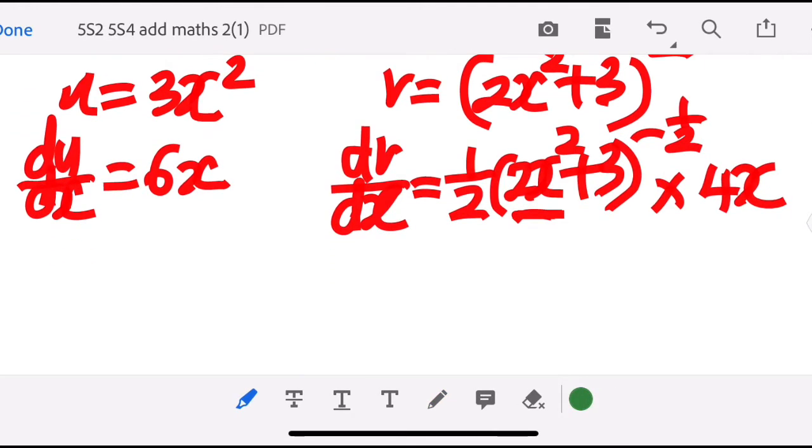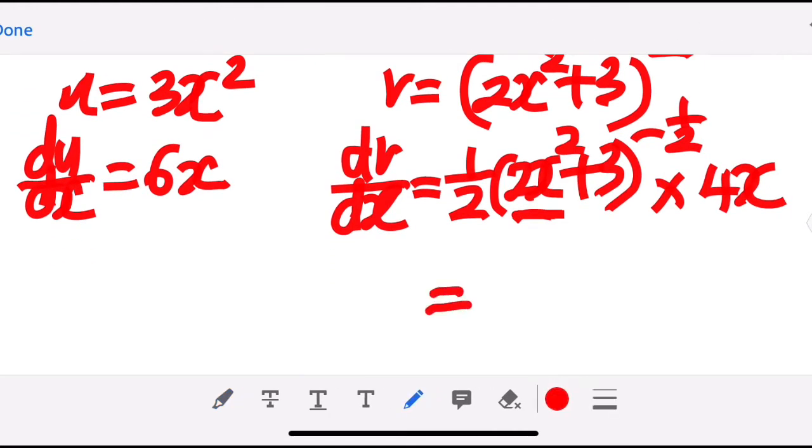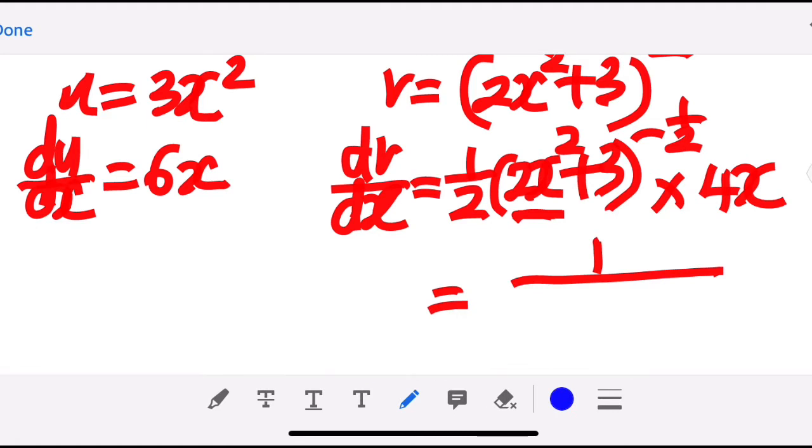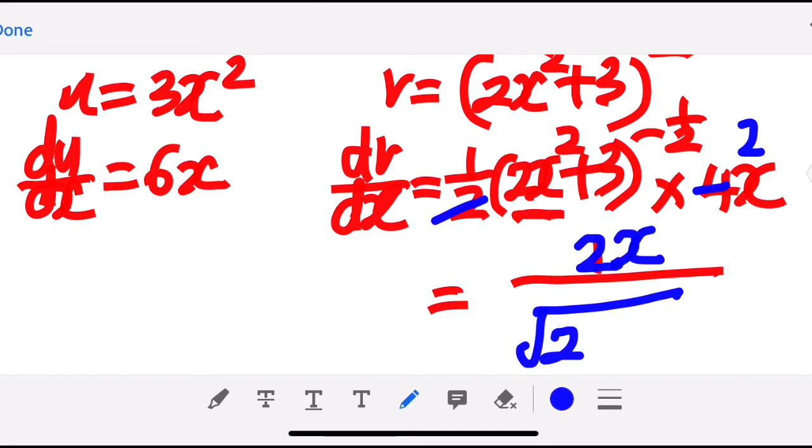Okay, so now actually I will prefer to simplify to the simplest form before I continue. So this is 2, and then the 2x, so I can write the 2x on top, and the square root, because it's negative, when I bring down it becomes positive, and because it's half, it's a square root.